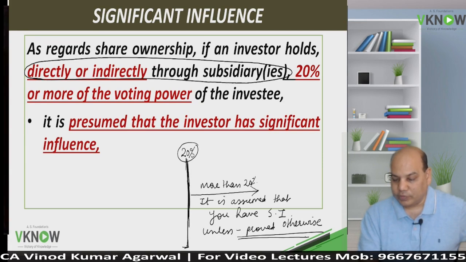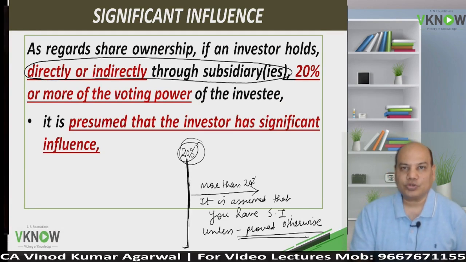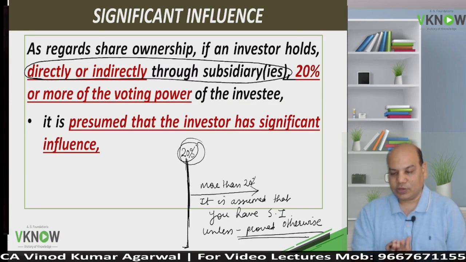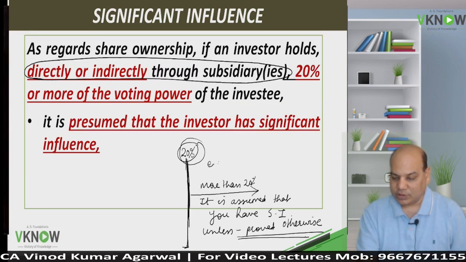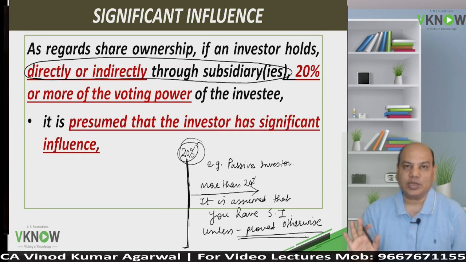But if you can prove that even though you are holding 20% or more share, you are not exercising significant influence, then you are not supposed to follow AS23. For example, you are a passive investor, an investor who does not participate in financial and operating policy decisions.